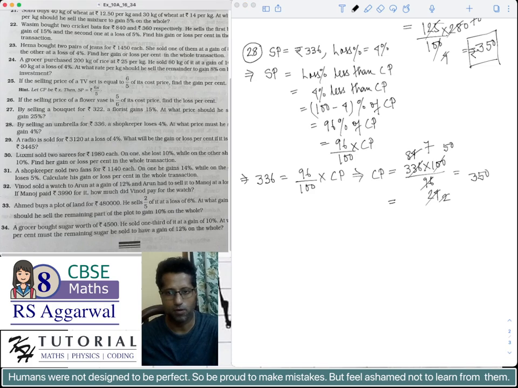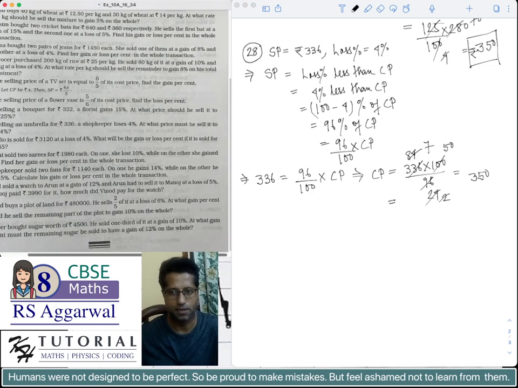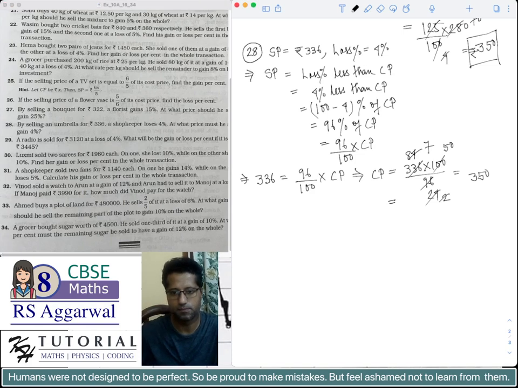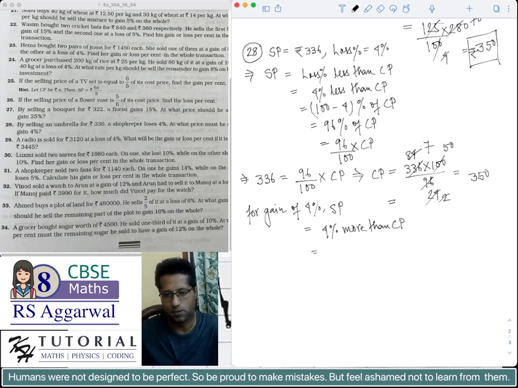Now it is asking at what price must he sell it to gain 4%. So for gain of 4%, selling price must be equal to 4% more than cost price. This is equal to 4% more means 100 plus 4% of cost price.